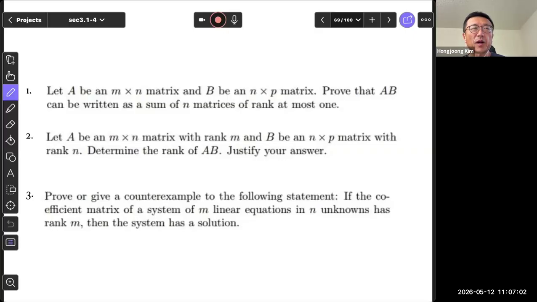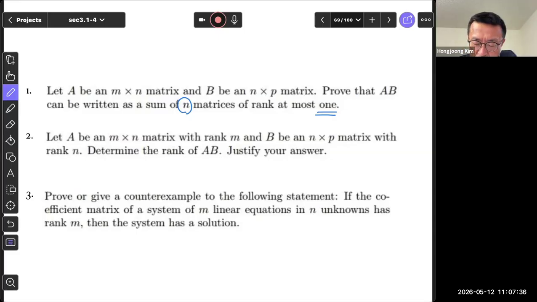So the first problem is this: if A is m by n and B is n by p, then this product A times B can be written as a sum of n matrices of rank at most 1. So A times B will give you some matrix, right?